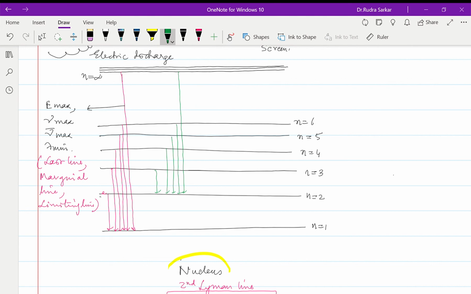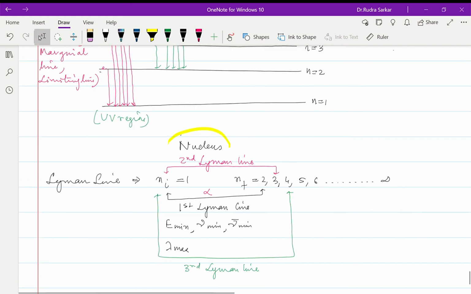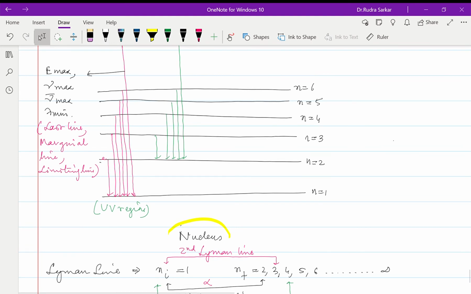Okay. Now one more thing, these lines, they fall under the region, we call this as UV region. Okay. These Balmer lines, where, as I have said, ni equal to 2 and nf equal to 3, 4, 5 or infinity, these set of lines, they will fall under what we say visible region.